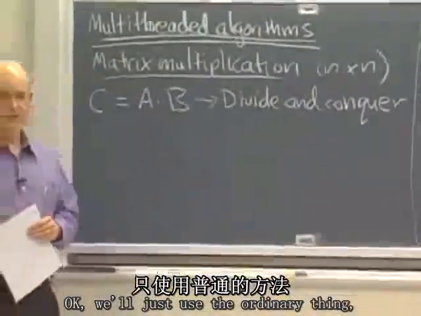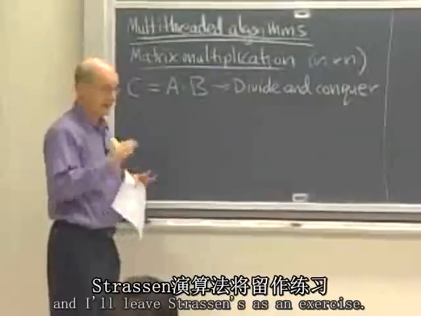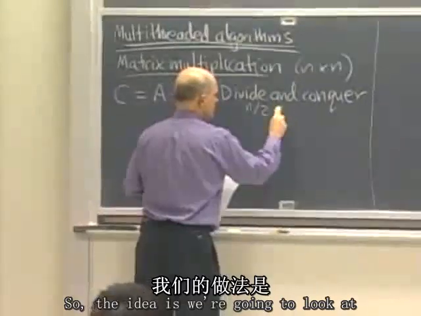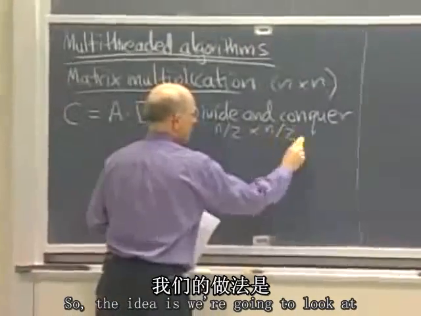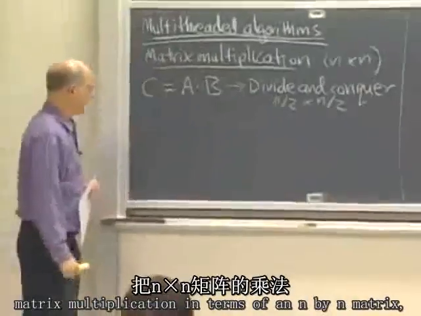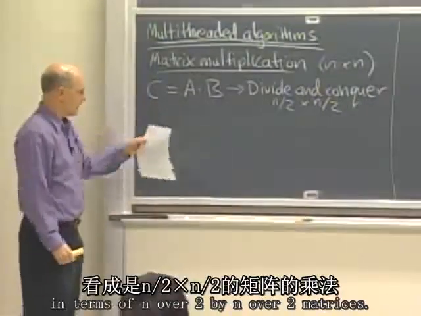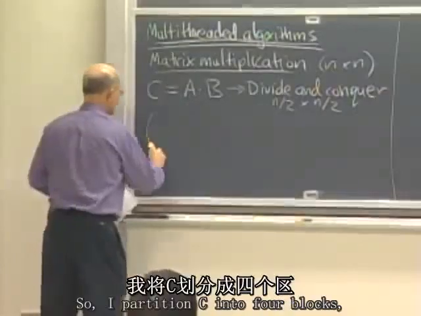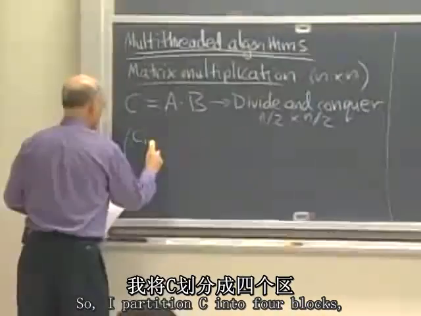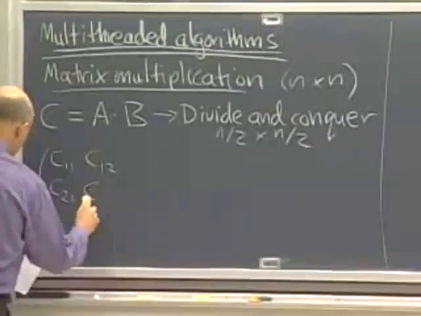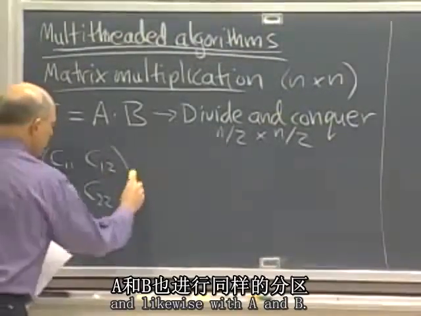Okay, we'll just use the ordinary thing, and I'll leave Strassen's as an exercise. So the idea is we're going to look at matrix multiplication in terms of an n by n matrix in terms of n over 2 by n over 2 matrices. So I partition C into 4 blocks, and likewise with A and B.